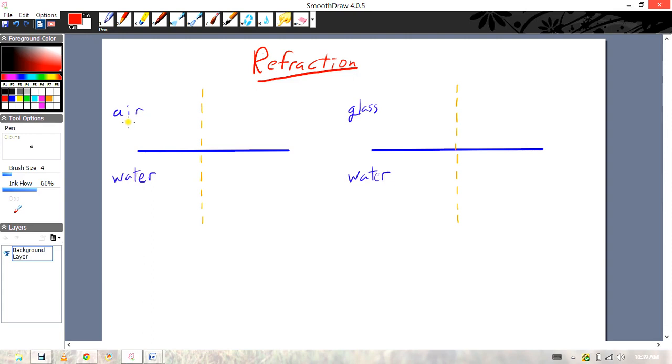So for example, if we have light moving from air to water, it will change its speed and move more slowly through the water and move faster through the air.